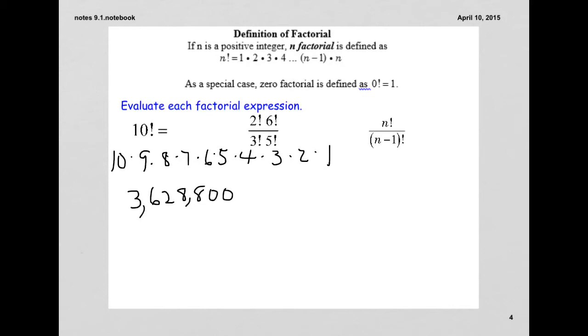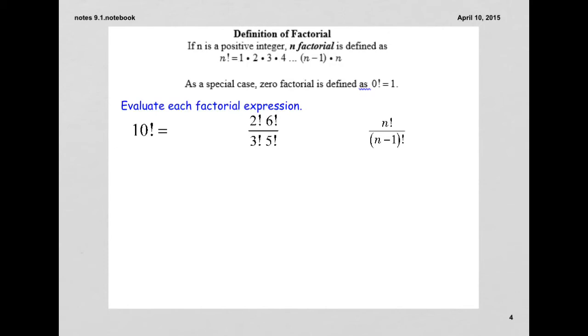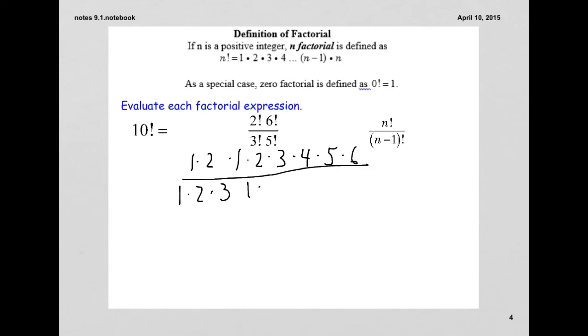Okay, now let's look at another one, but this time let's see if we can simplify it before we come up with an answer. 2 factorial we know is 1 times 2, 6 factorial is 1 times 2 times 3 times 4 times 5 times 6, and that's over 3 factorial, which is 1 times 2 times 3, and 5 factorial, which is 1 times 2 times 3 times 4 times 5.